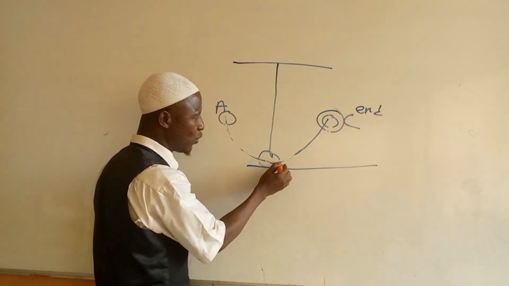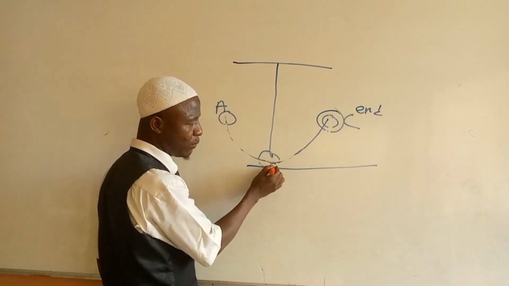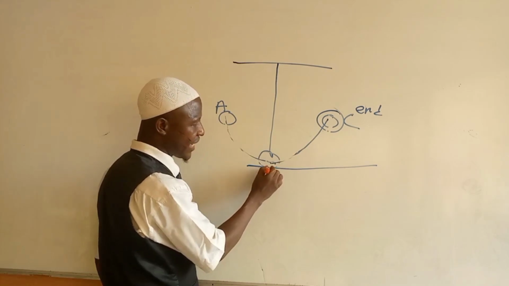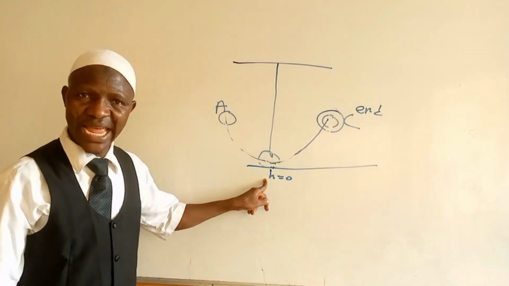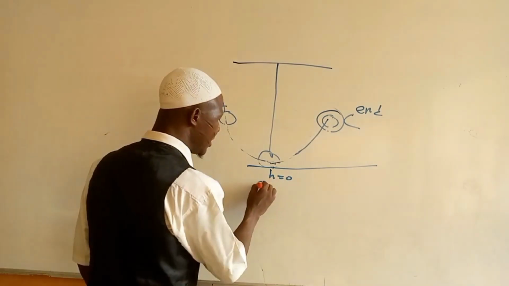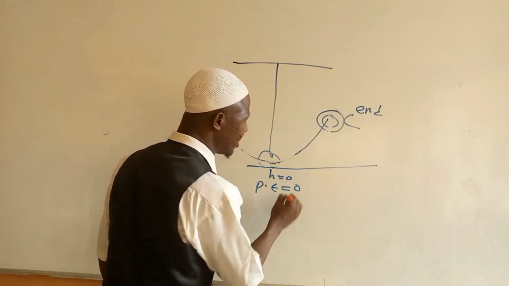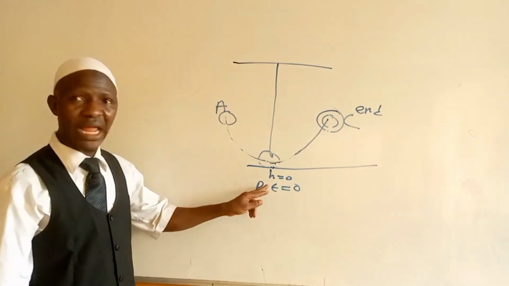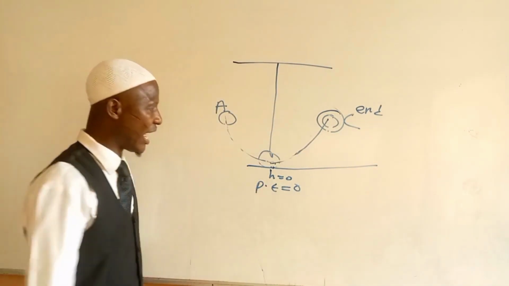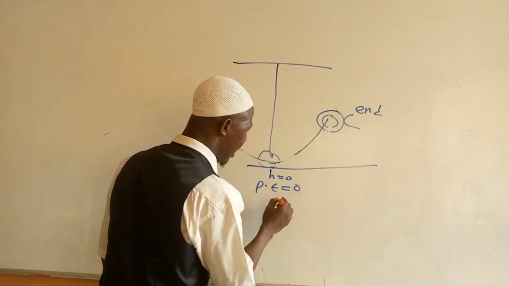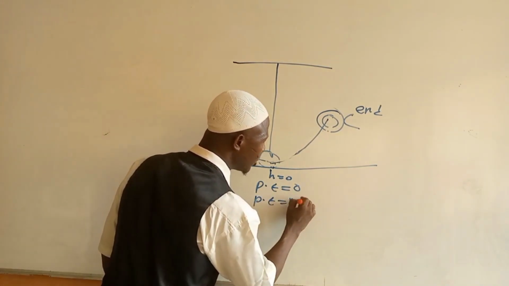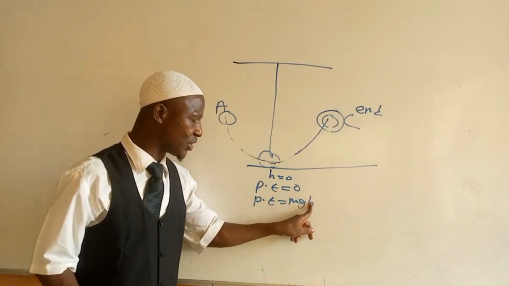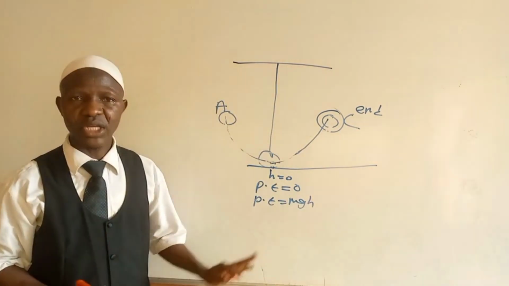At this place, the height of the bulb to the horizontal is equal to 0. So automatically the potential energy, PE, will be equal to 0, because the formula for potential energy is PE equals mgh. So if h is equal to 0, everything becomes 0.